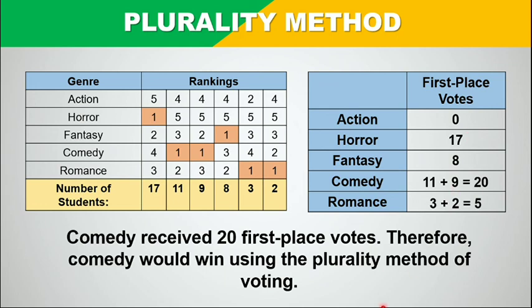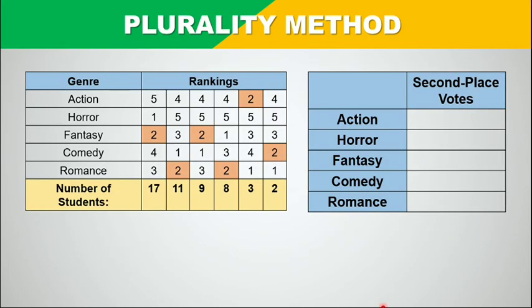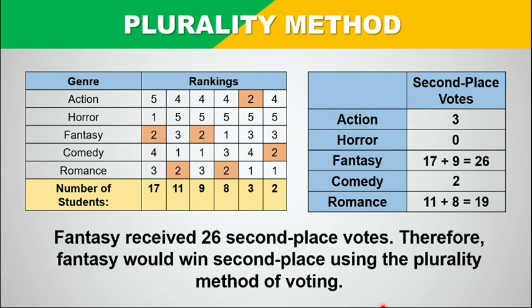We will be computing again the number of voters who voted in each genre using its second choice or preference. That's why we have to compute again their particular second place votes. I hope that you understand the concept of how the plurality method works. That's all for now. Thank you and more power.